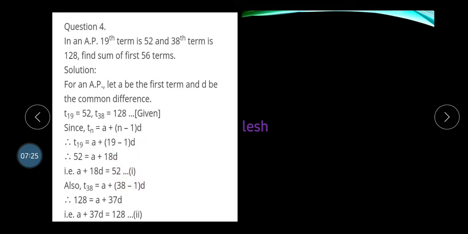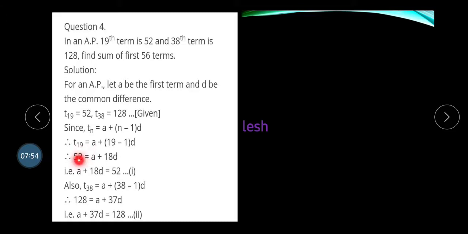Similarly, we will write for T38. So T38 equal to A plus 38 minus 1 times D. Our T38 is 128 equal to A plus 37D. Writing in proper form of equation, that is A plus 37D equal to 128. This becomes our second equation.